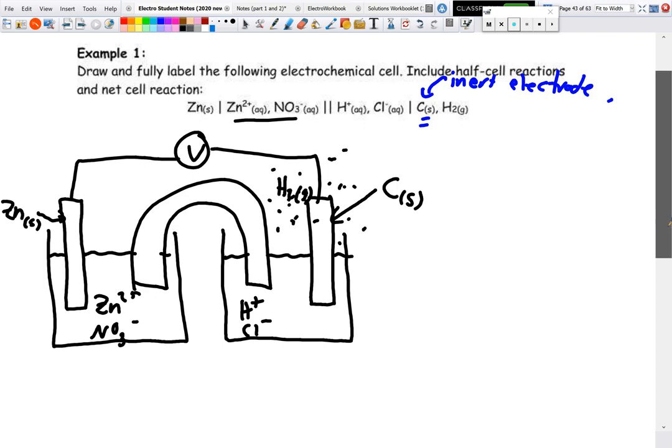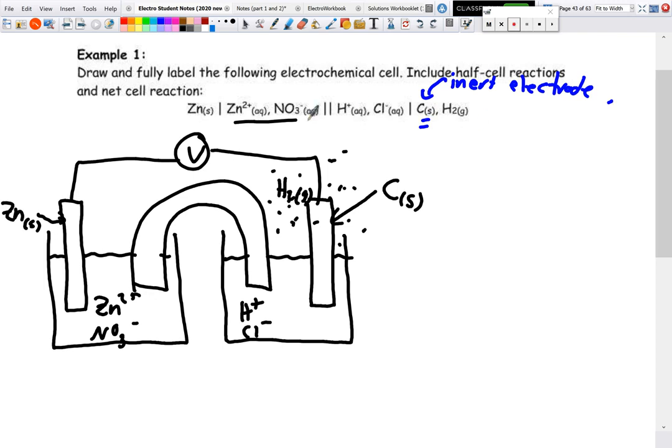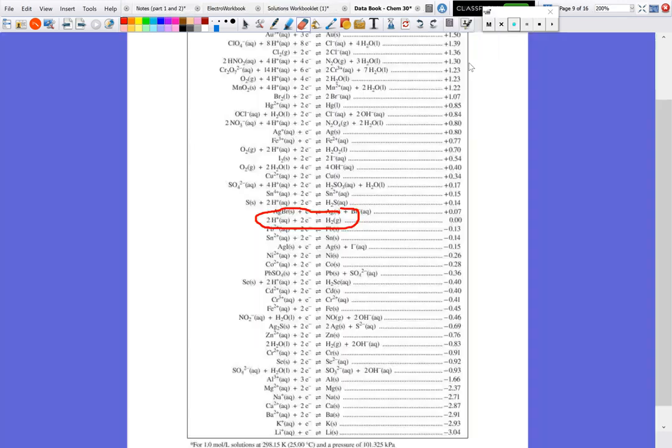All right. Now before I label everything anode and cathode, I do need to figure out what is my strongest oxidizing agent and strongest reducing agent, because I can't assume that this is my anode and cathode. So let's look at our data booklet.